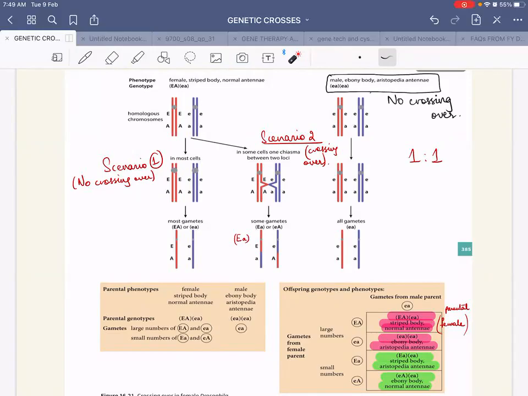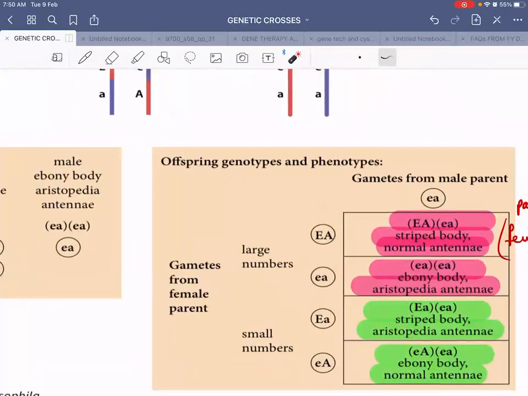So this means that whenever we make a cross, हम जब भी cross करेंगे, in case of an autosomal linkage, and in case the crossing over has also occurred, in the end, what do we do? We count the number of the parental and the recombinant phenotypes. अगर हमारे पास parental phenotypes बहुत large numbers में आते हैं, and we get the recombinant phenotypes in small numbers, so this means that the crossing over has occurred, but maybe only one chiasma formation has occurred.